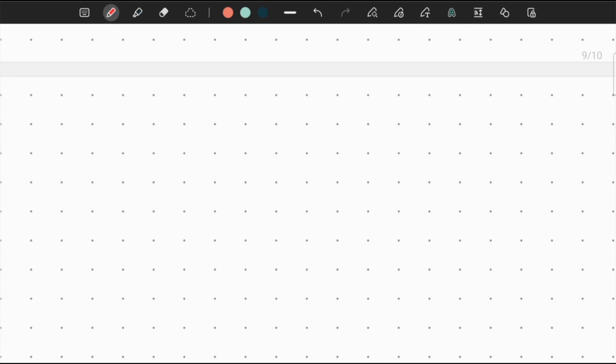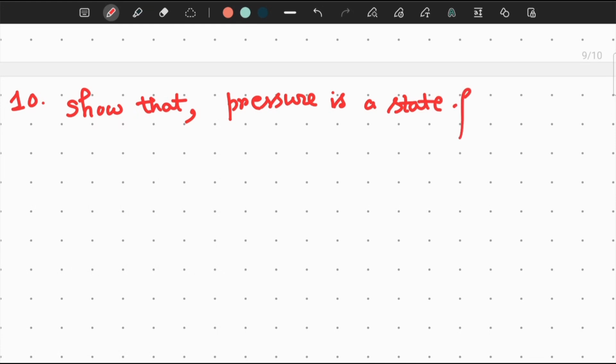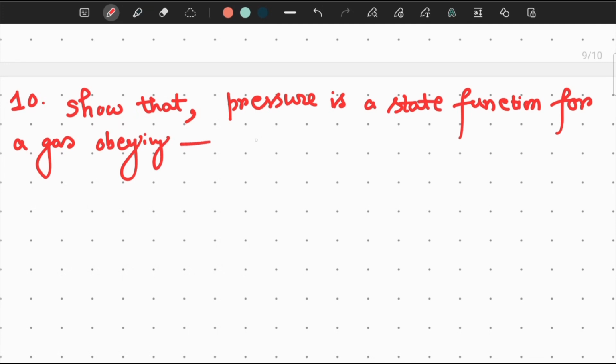Now the next question, this is also related to this. Show that pressure is a state function for a gas obeying the relation (P + a/Vm square) Vm = RT.